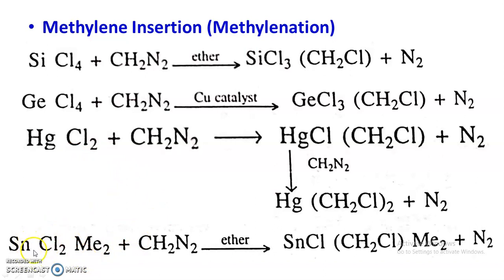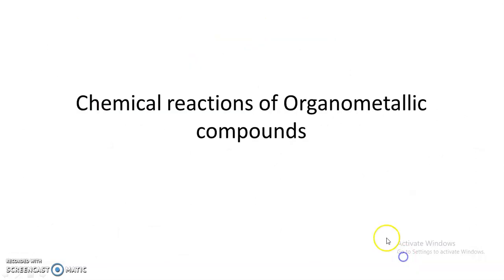Then another example is tin halide. When tin is attached to two halogen atoms and two methyl groups, and it is treated with diazomethane, there is an insertion of a methylene group between one of the tin halogen bonds and we get an organometallic compound.